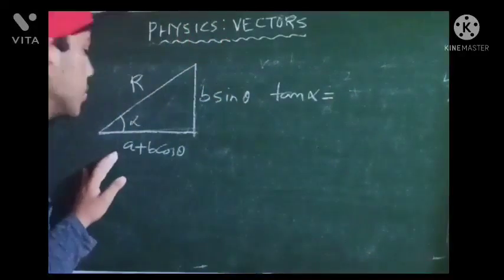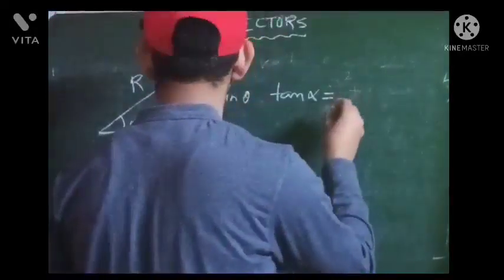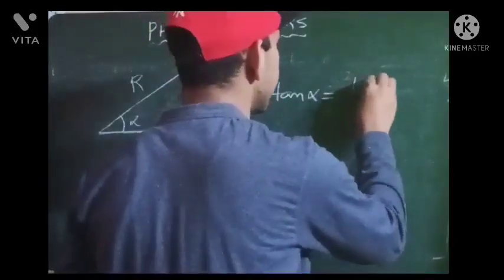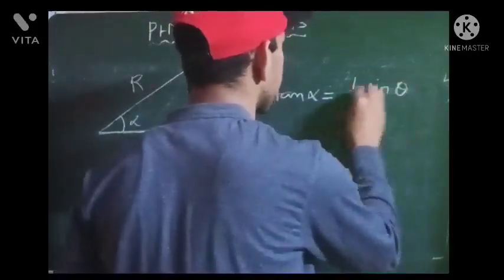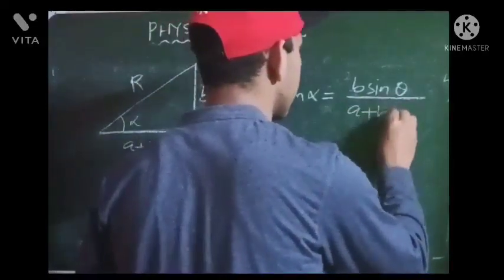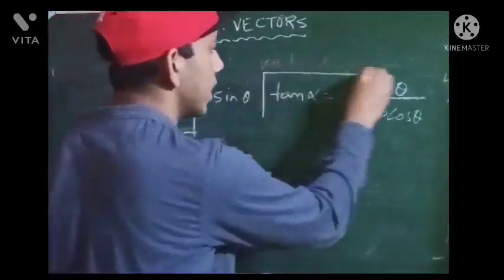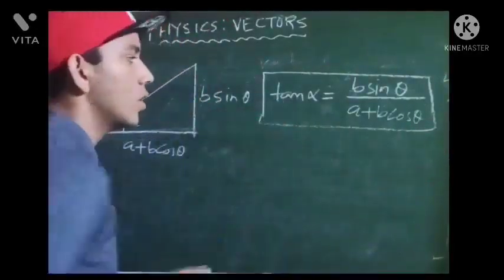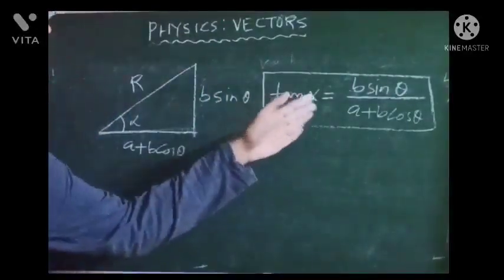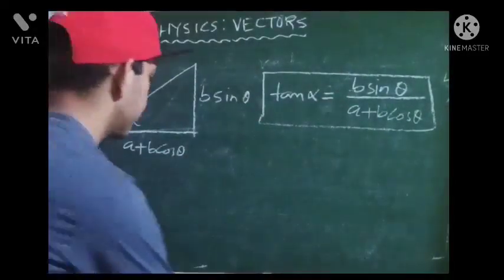This alpha angle is also important. It is also asked in examination. Tan alpha is equal to b sin theta upon a plus b cos theta. We can remember this formula. It is also helpful in finding alpha. Alpha is equal to tan inverse of this expression which is written on the right hand side.